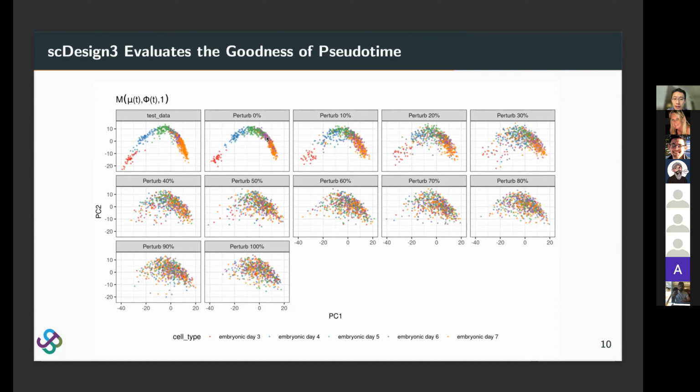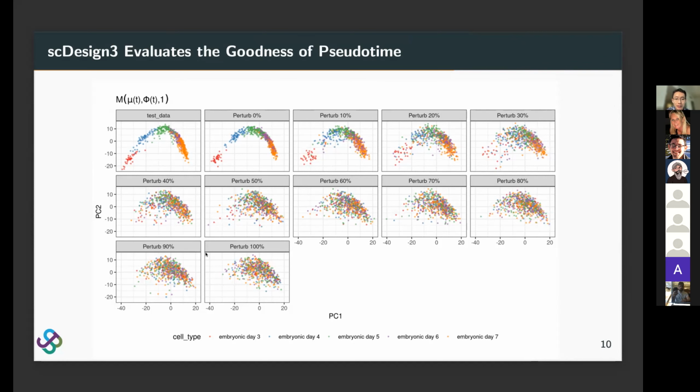If the perturbation is 100%, it means that we just randomly shuffle the pseudotime. Then you can think the quality of the pseudotime will be very bad.